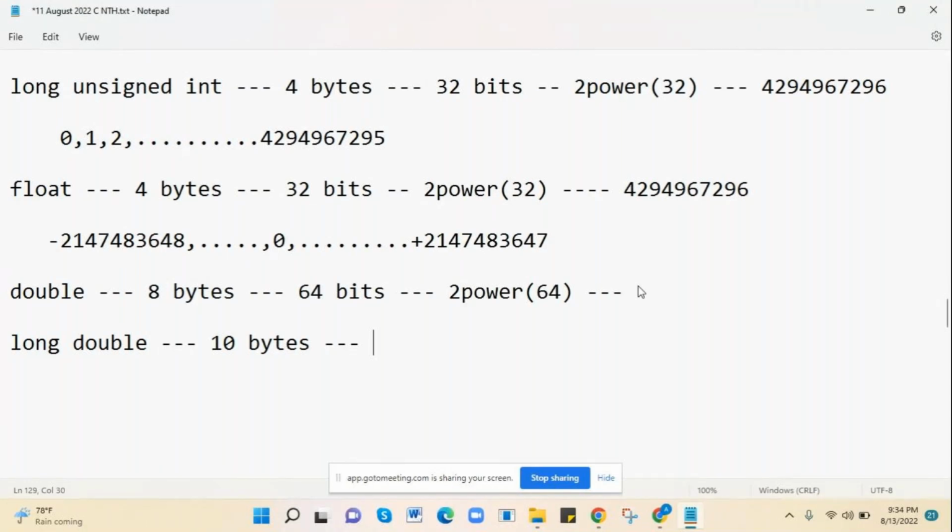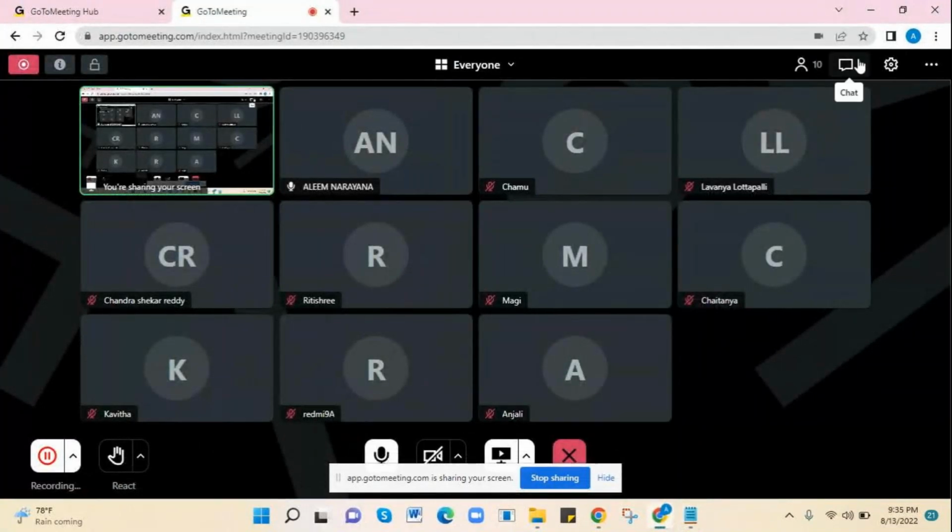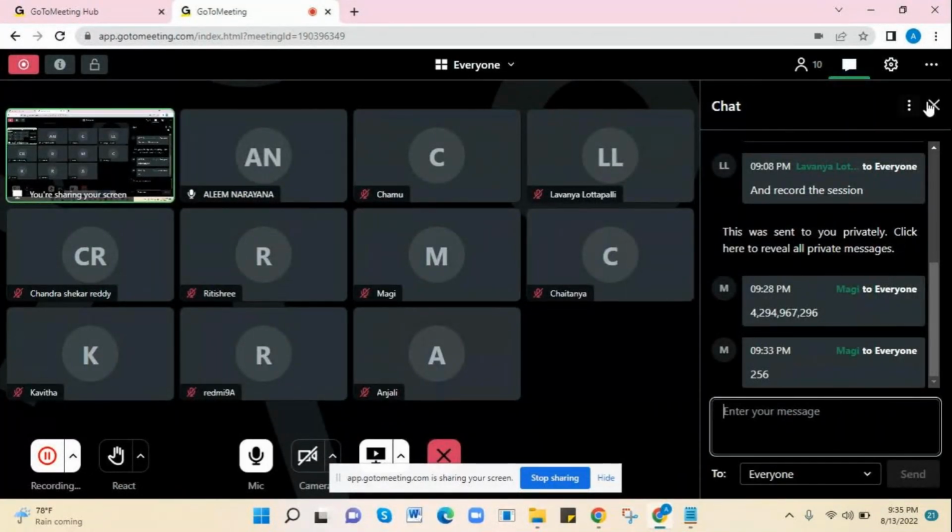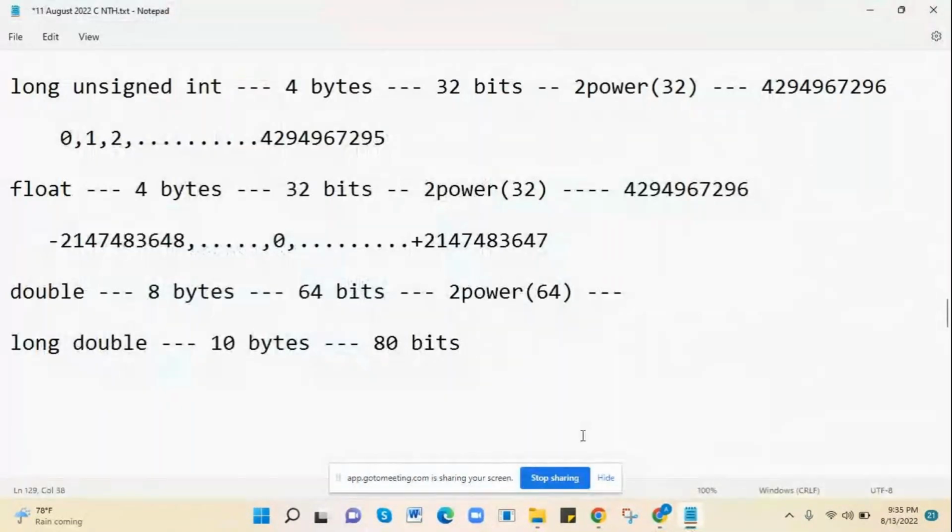So it is 10 into 8, which is 80 bits, nothing but 2 power 80. You can easily understand how big that is.